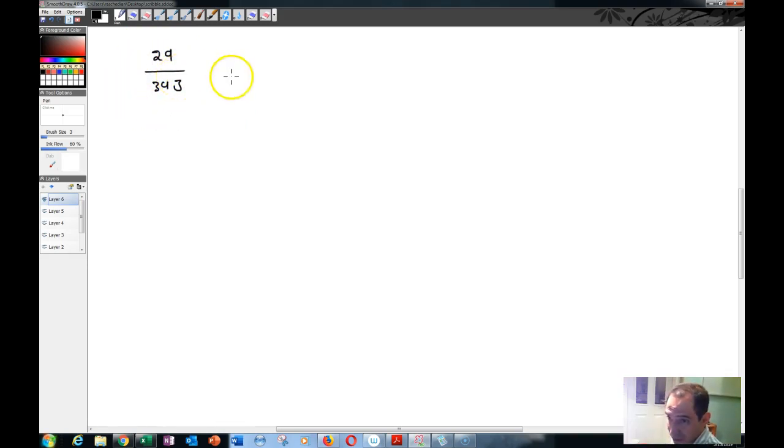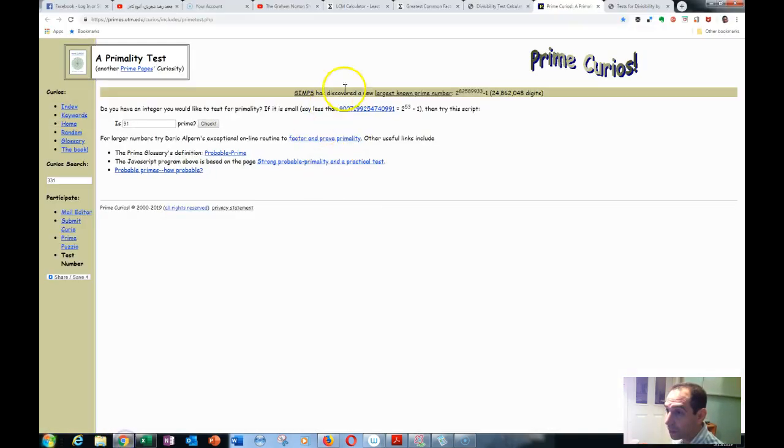And it seems that this number is not going to have a terminating decimal representation, because you have a 29 in here, and 29 is a prime number.